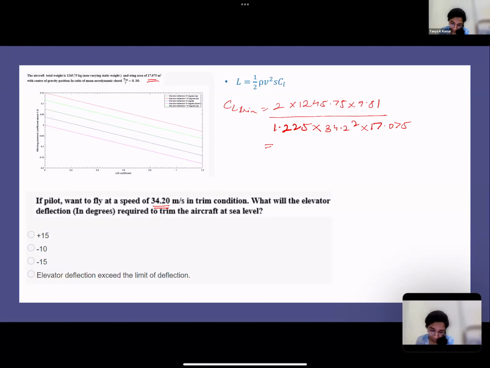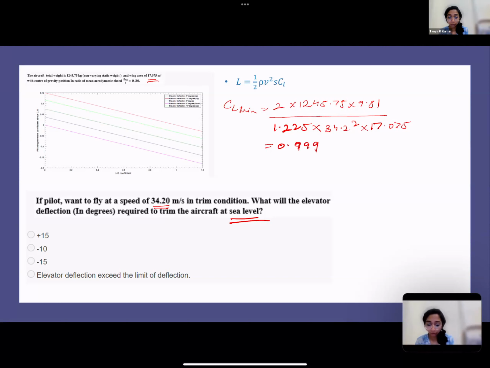It's given as sea level in the question, which is why the density is 1.225, divided by 34.2 squared, into 17.075. Okay. So I'm getting 0.999.